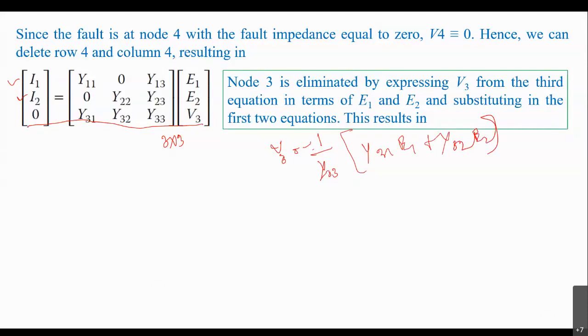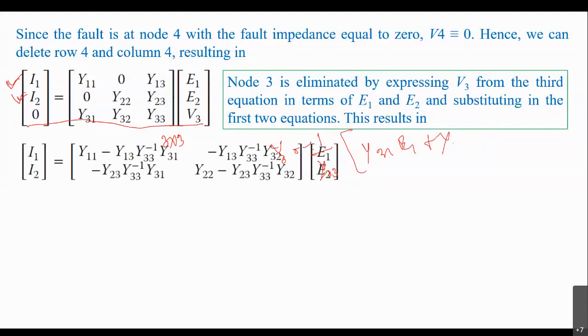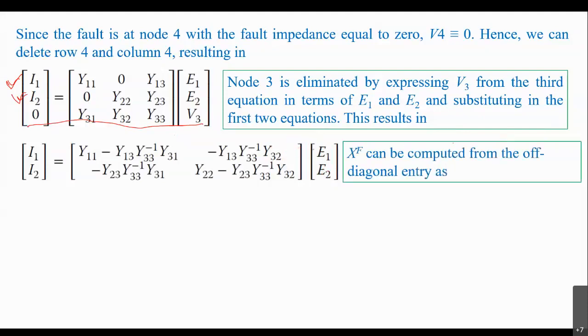Now this V3 I can substitute in the above two equations, then I have only two equations and can get a further reduced Y bus matrix. Just doing this manipulation, I can have this equation: I1, I2 equal to Y11 minus Y13 Y33 inverse Y31, then minus Y13 Y33 inverse Y32, and all these elements will be multiplied with E1 and E2.